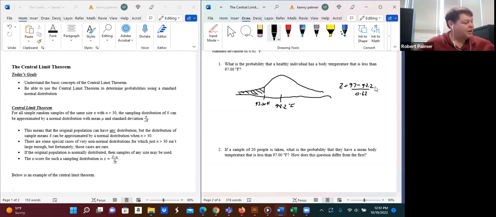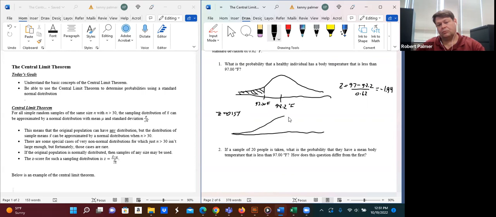And that's approximately negative 1.94. Okay, so now we go to the z distribution. So here's our mean, and this z should be exactly the same place. This z is going to be negative 1.94. So we're finding the same area, the same curve.